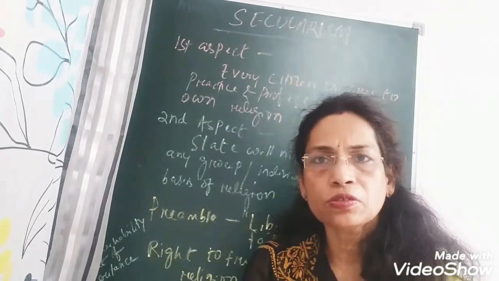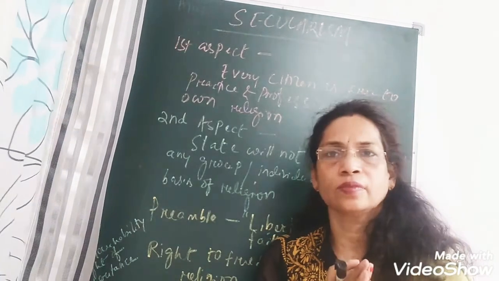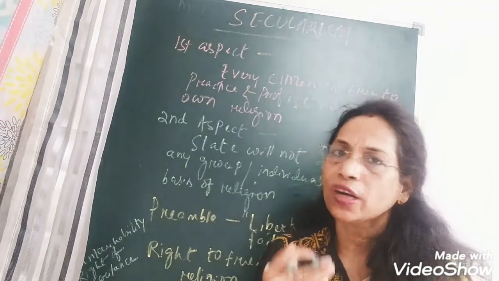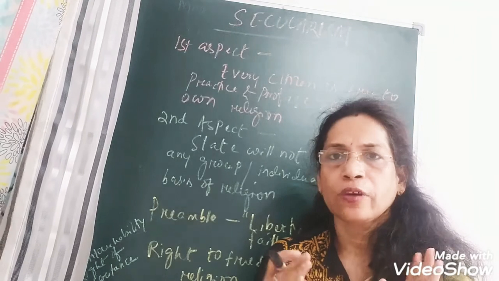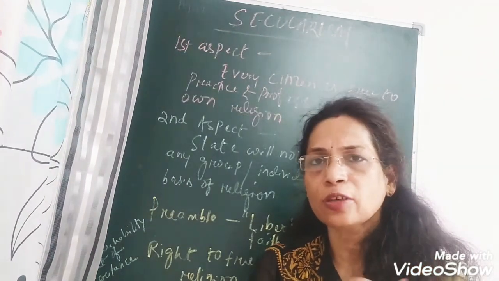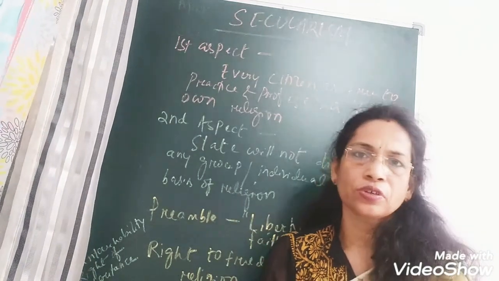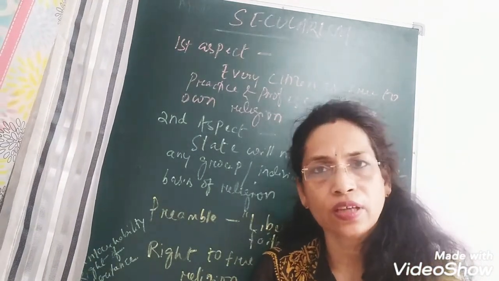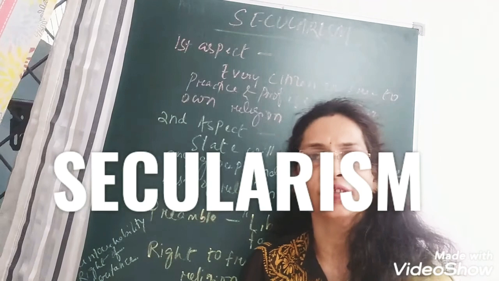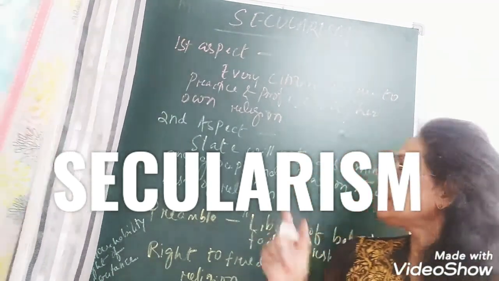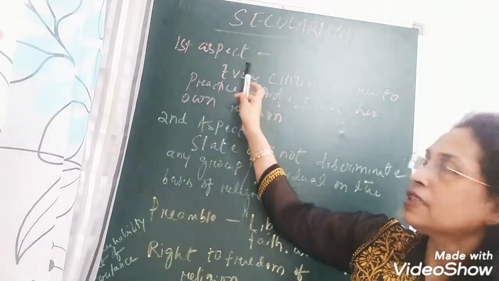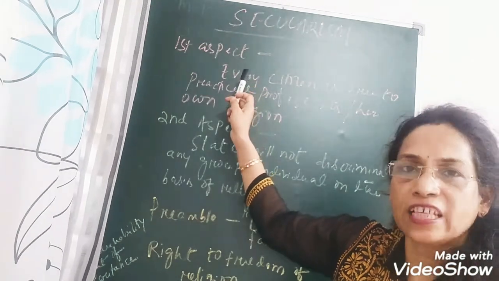The next topic we are going to discuss is secularism. Already we have discussed what secularism is. When each and every citizen of a country is given freedom to practice and profess their own religion, we call the term secularism. So India is a secular country, and here we will discuss its various aspects.